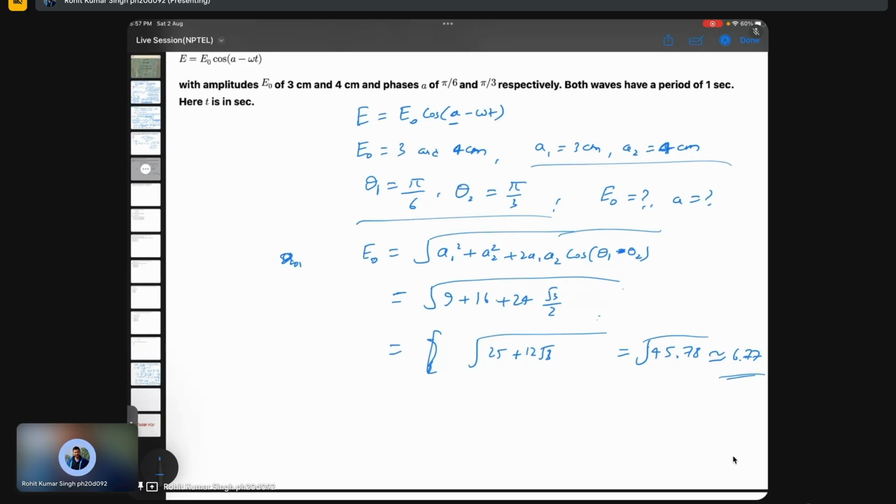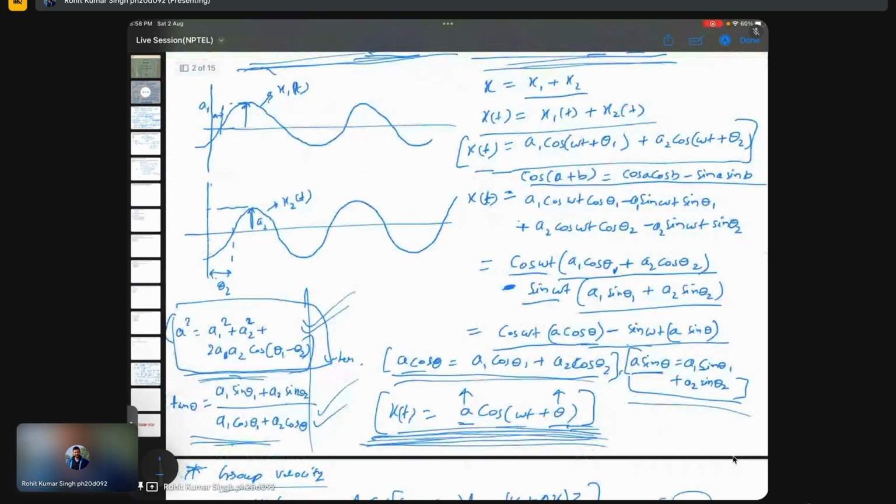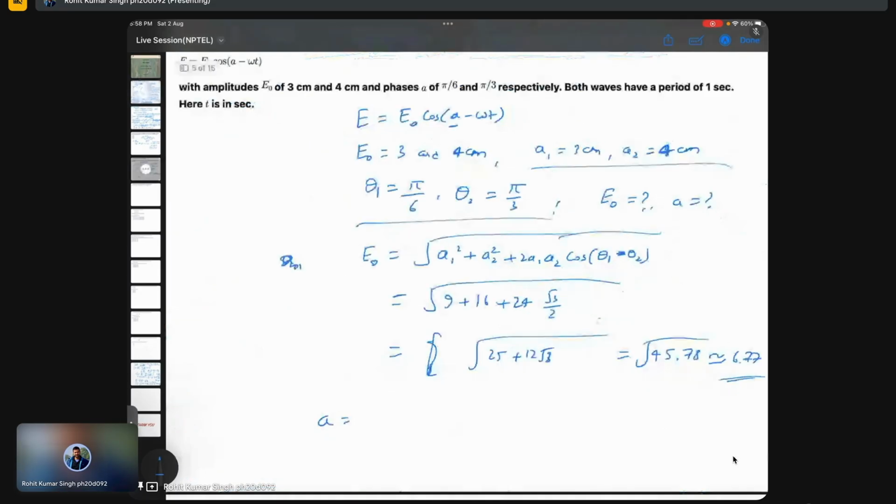Now for the phase angle a, let me write. Instead of finding tan theta directly, first we can find A sin theta, which is a1 sin theta 1 plus a2 sin theta 2.